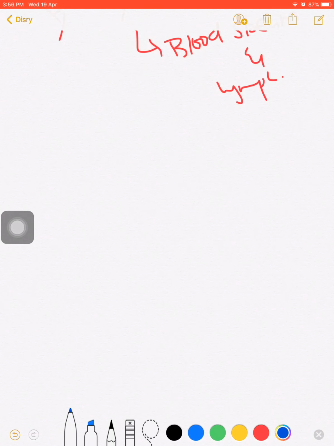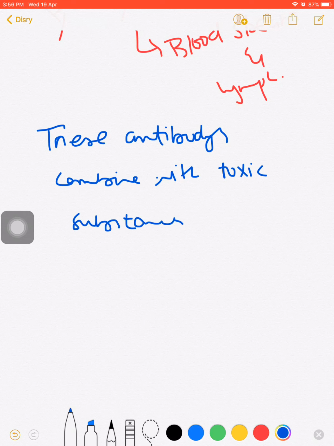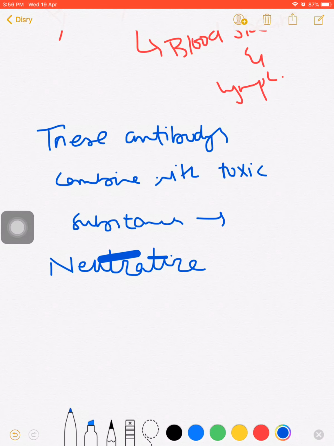Now the mechanism of the antibodies. These antibodies combine with toxic substances and neutralize their effect.